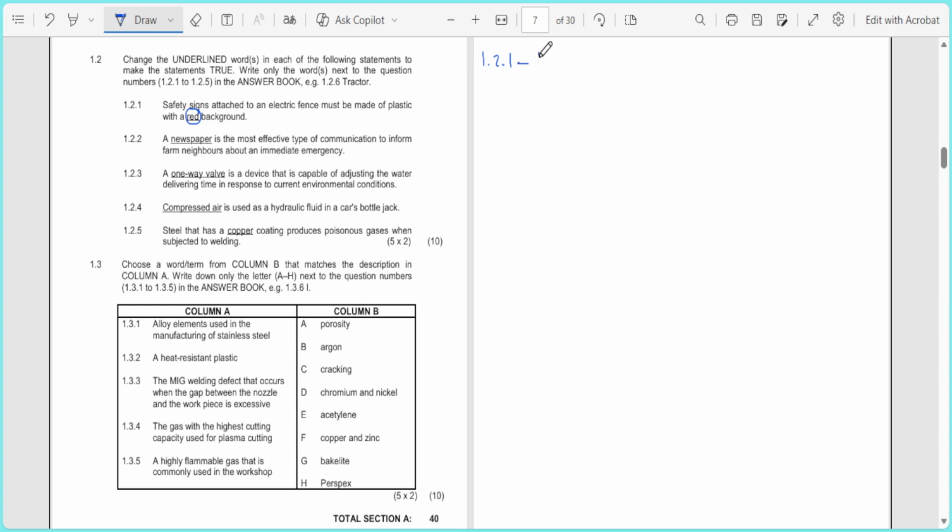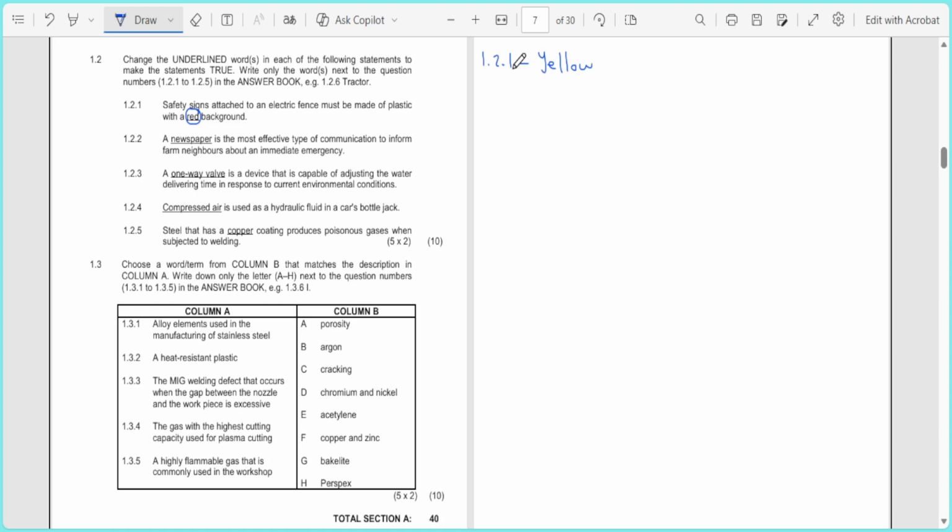I'm going to say yellow for this one. Now, the question is why? You know what? The red background is incorrect because international safety standards specify yellow for electrical hazard warnings, like high visibility and for universal recognition.